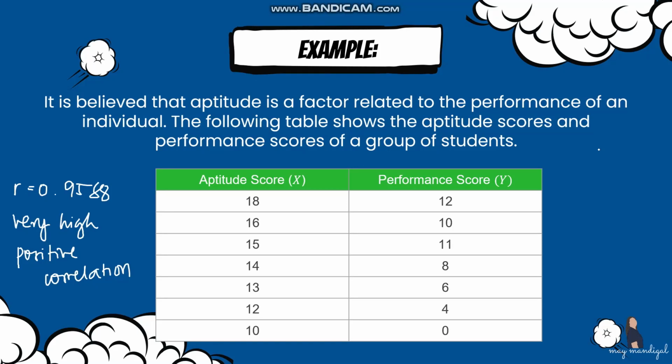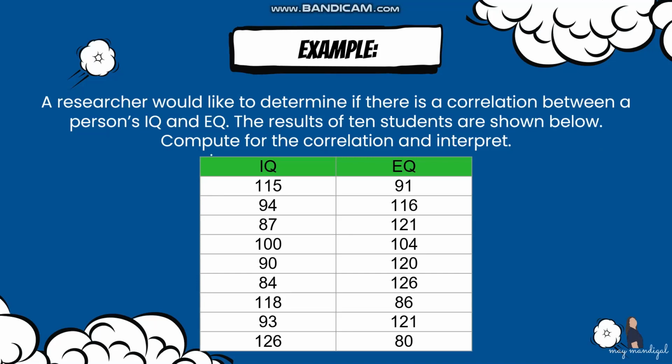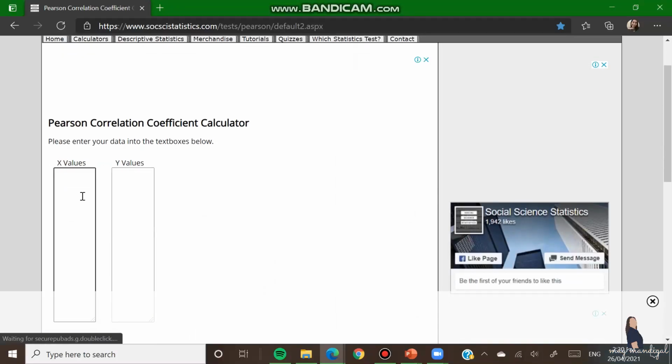And let's just have one more example. A researcher would like to determine if there is a correlation between a person's IQ and EQ. The results of 10 students are shown below. Compute the correlation and interpret. So let's try to put these values into our calculator. IQ will go to X values.